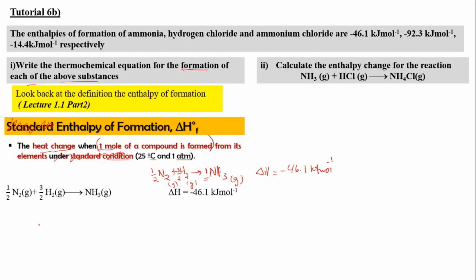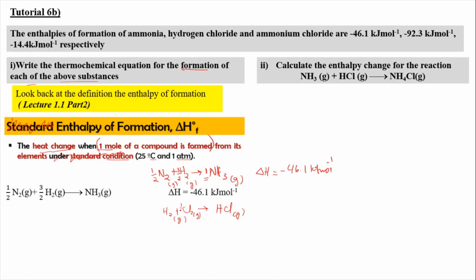So we will do the same for the hydrogen chloride and also ammonium chloride, where HCl is basically produced from hydrogen gas and chlorine gas. Okay, and it here need to be 1 mole.